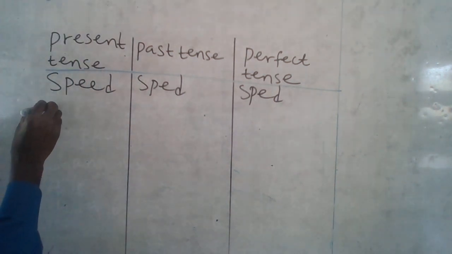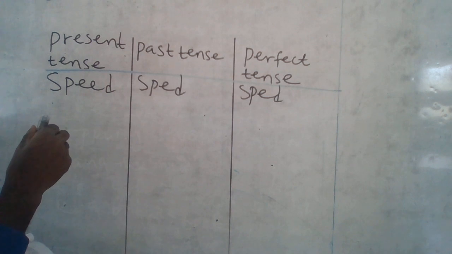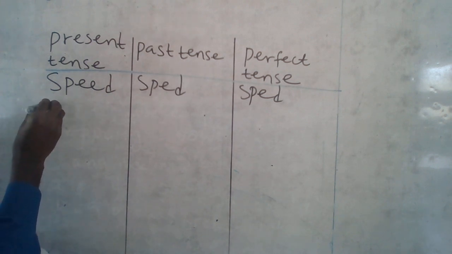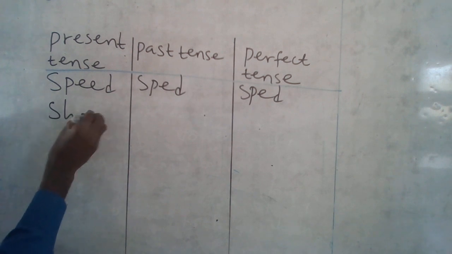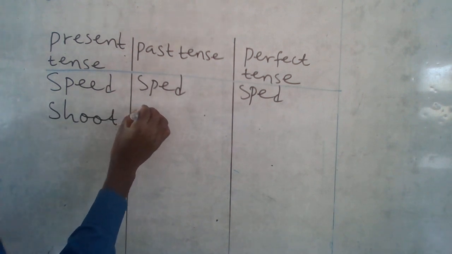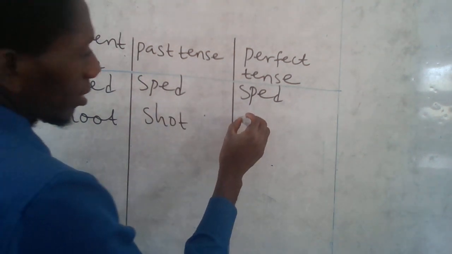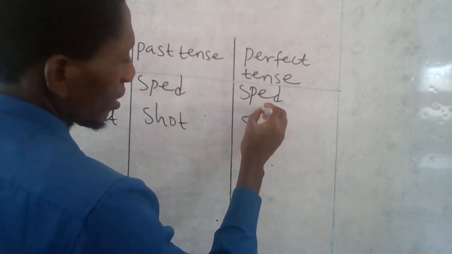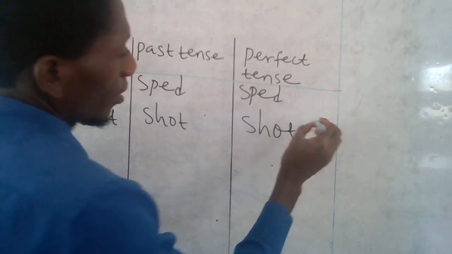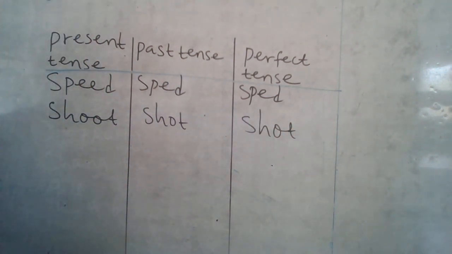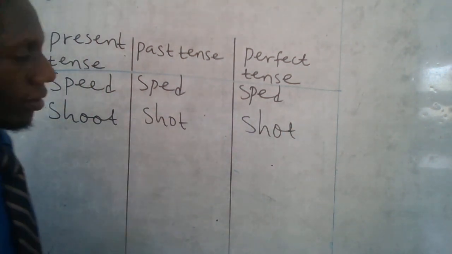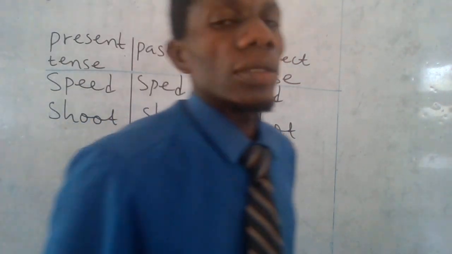And words like, let's say, shoot. The past tense is shot, and the perfect tense is also shot. There is no change. We just drop one vowel. Shoot.